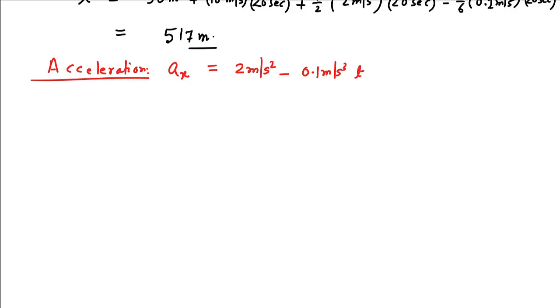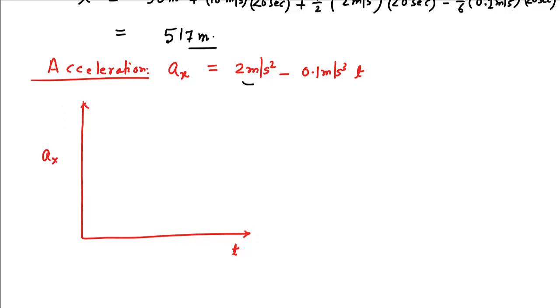If I want to plot this, let us say this is my x-axis and this is my y-axis. On the x-axis I am plotting time, and on the y-axis we have acceleration.